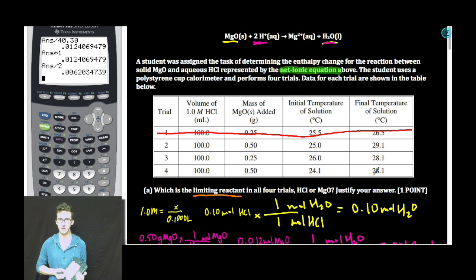So again, as you look at the data here, let's examine trials 2 and 4, where we add 0.5 grams of magnesium oxide. Notice that we get a temperature change of 4 degrees Celsius in each example, approximately. If I'm going to add half the amount of magnesium oxide, our limiting reactant, we would expect half of the temperature change, which we get in trial 3, an increase of only 2 degrees Celsius. But in trial 1, instead of increasing 2 degrees Celsius, we only see that increase of 1 degree Celsius.